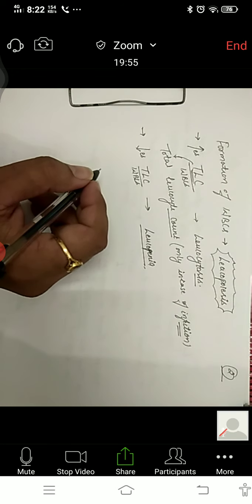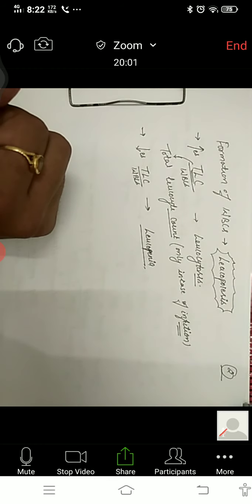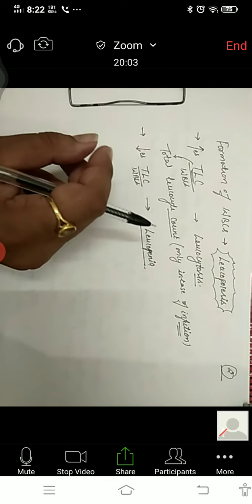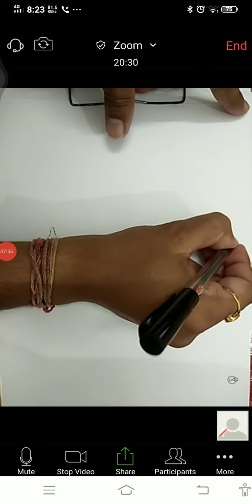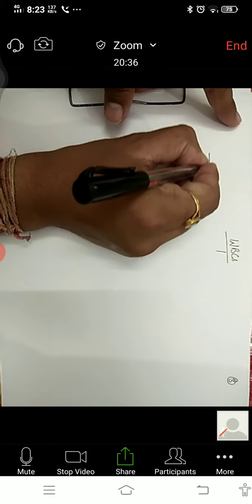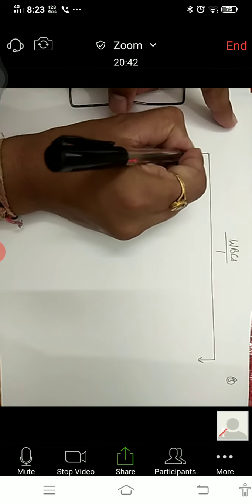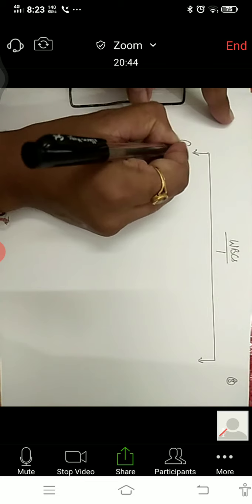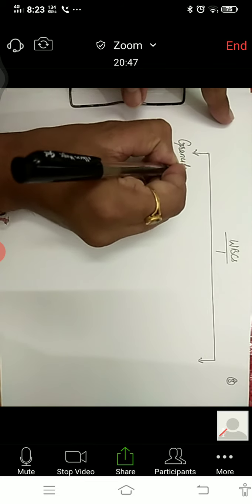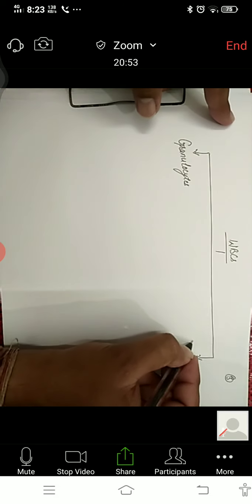Now we just draw a simple diagrammatic table by which we understand the types of WBCs. WBCs are categorized into granulocytes and agranulocytes.